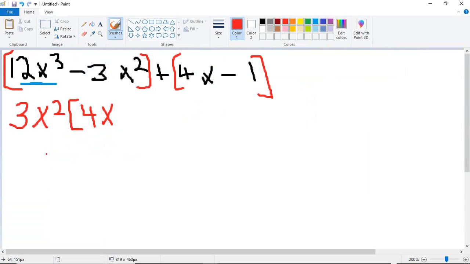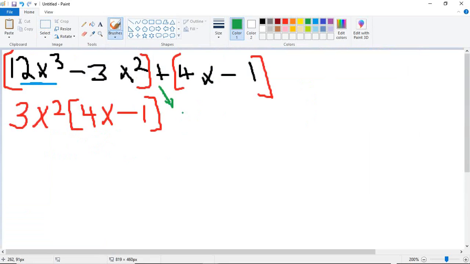The next thing that you're going to do is, since you took out a common factor here, this is simply going to be minus 3x squared. What is it that I can multiply to get that? That is obviously 1. Plus, let me just use a different color so that you may see. I will use green for this.